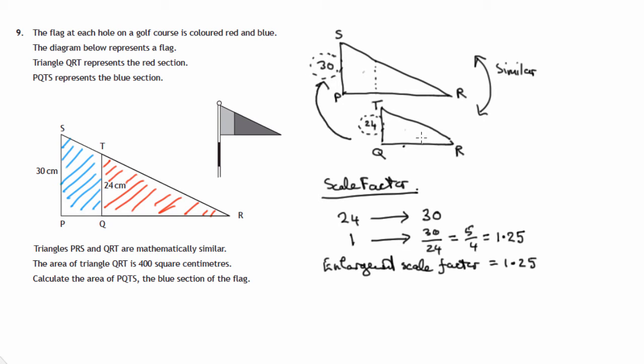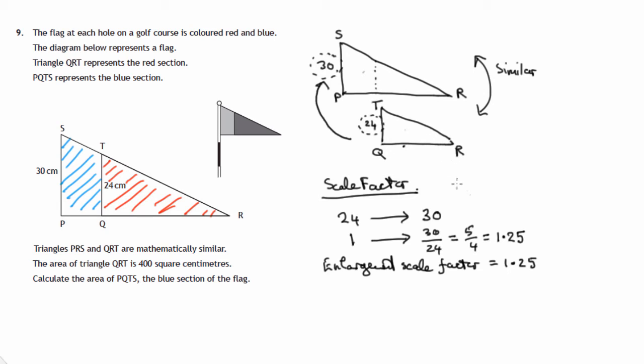All lengths on the smaller triangle, when they're multiplied by 1.25, will give you the corresponding length on the larger triangle. Now these are lengths we're talking about, they're not areas.